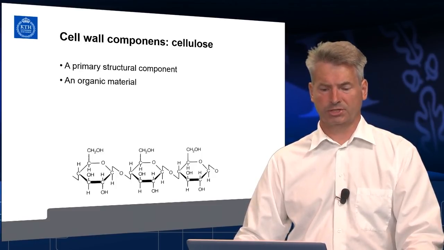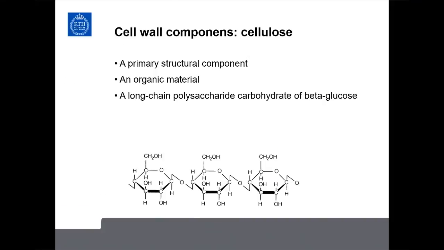It's an organic material, and it contains long-chain polysaccharide carbohydrates of beta-glucose. So it contains only one type of monosaccharide, beta-glucose, and the general formula is C6H10O5.